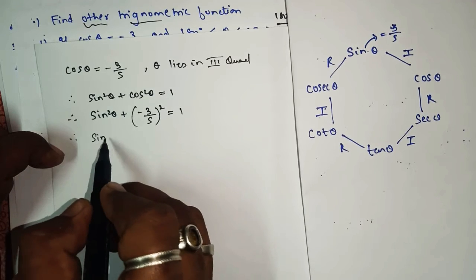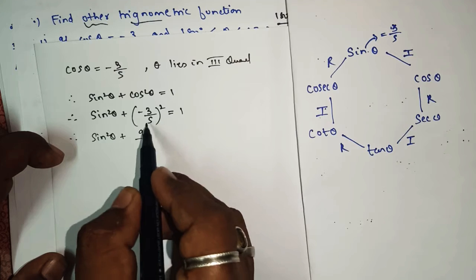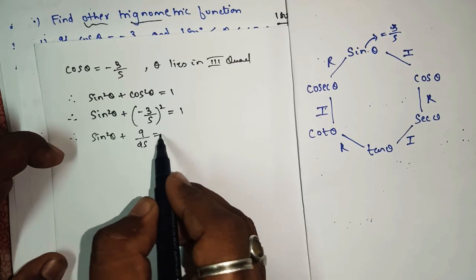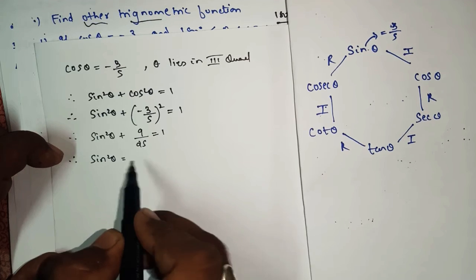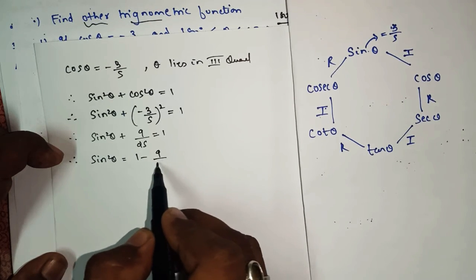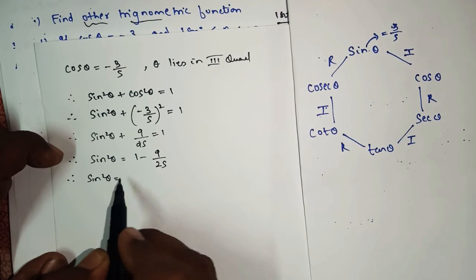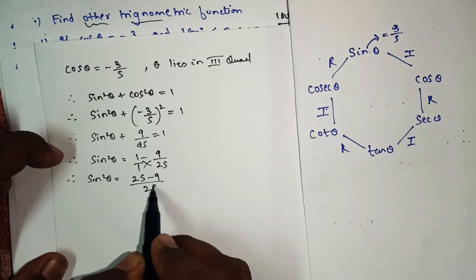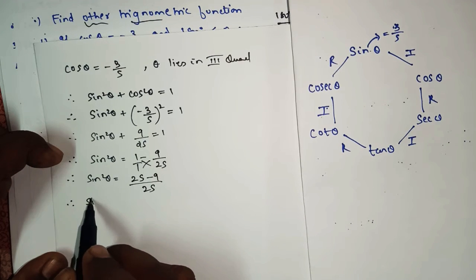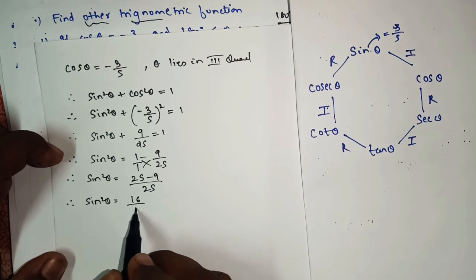So sine square theta plus, minus square is positive, 3 square is 9, and 5 square is 25, equals 1. So therefore sine square theta equals 1 minus 9 upon 25. So sine square theta equals 25 minus 9 upon 25, which is 16 upon 25.